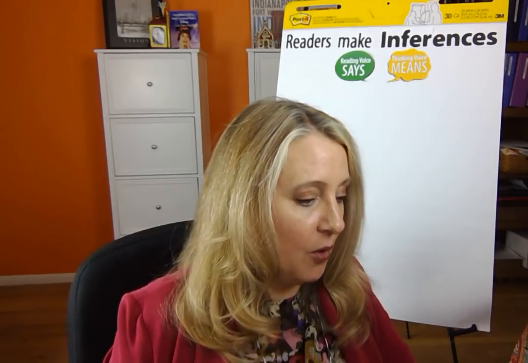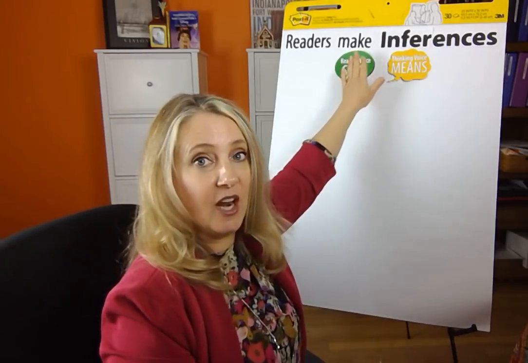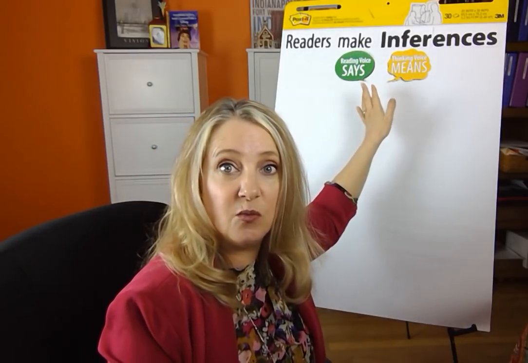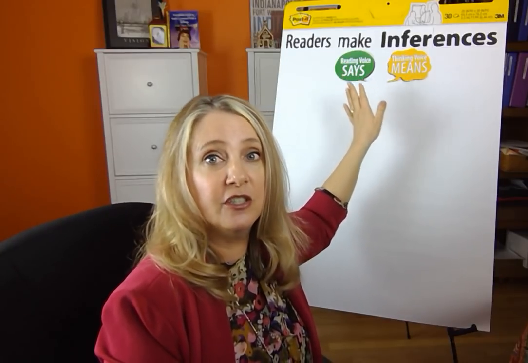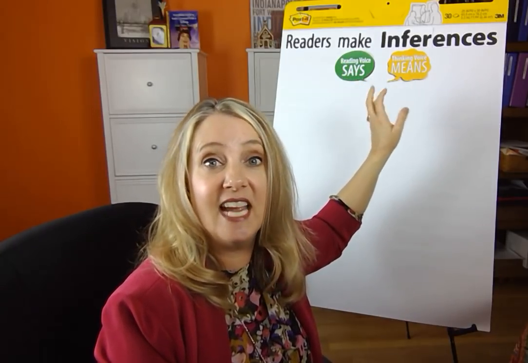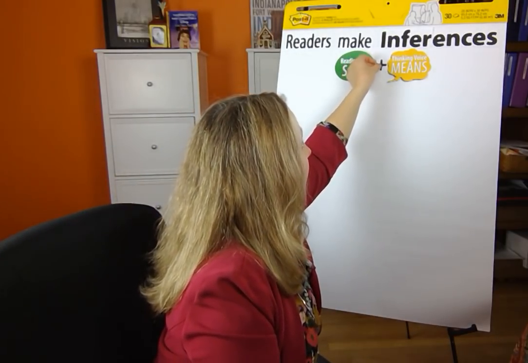But first, I want to do a little math with you, okay? So when we are thinking about those voices, we have to use that reading voice, the one that tells us what the text says. So it reads the words, it looks at the pictures and the photos, it might look at the text features in a chart or a map, and we start to have some thoughts, okay?